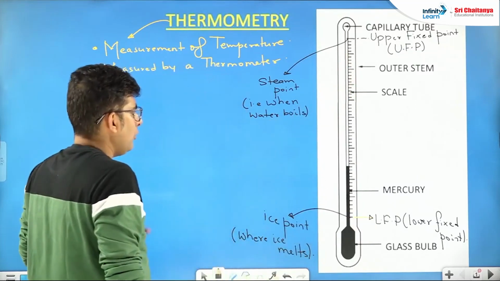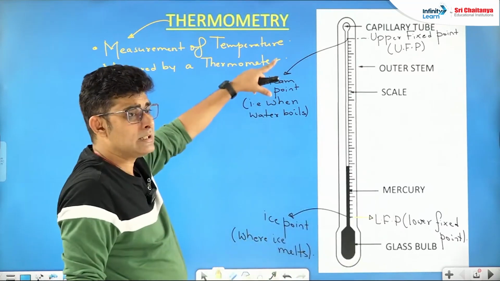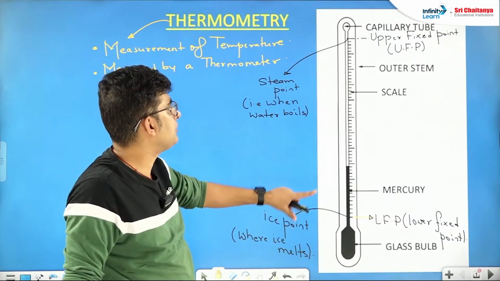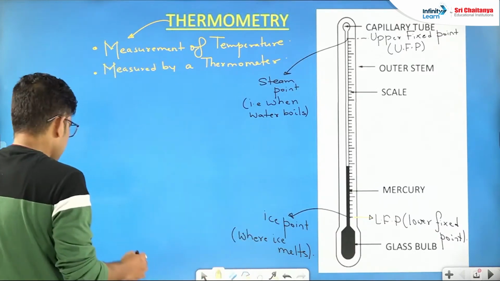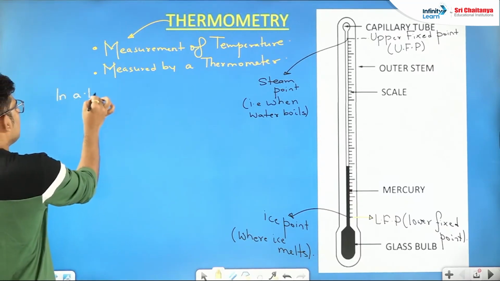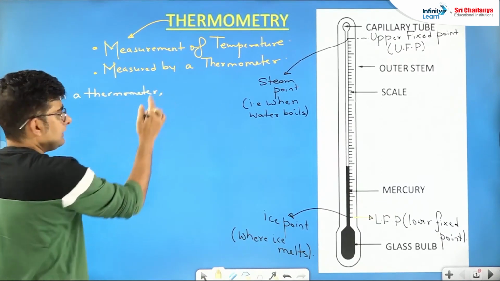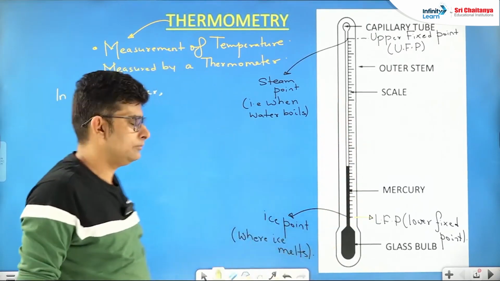Now you can see what is the concept here. The temperature change with respect to the lower fixed point is found to be directly proportional to the length of mercury column. So what we say from here is, in a thermometer, we select the property, like here we are selecting the height of the mercury column.